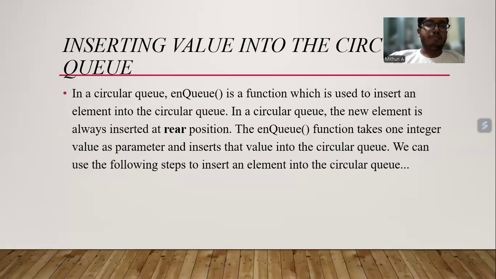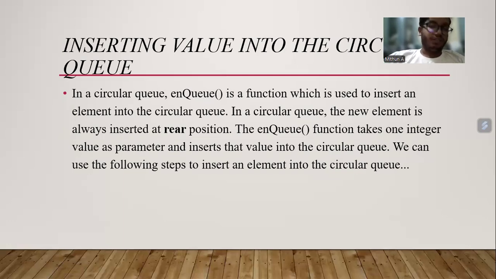Now, inserting a value into the circular queue. How are we going to insert a value into the queue? We use enqueue, which is another name for insertion. It is the function used for inserting an element into the circular queue.